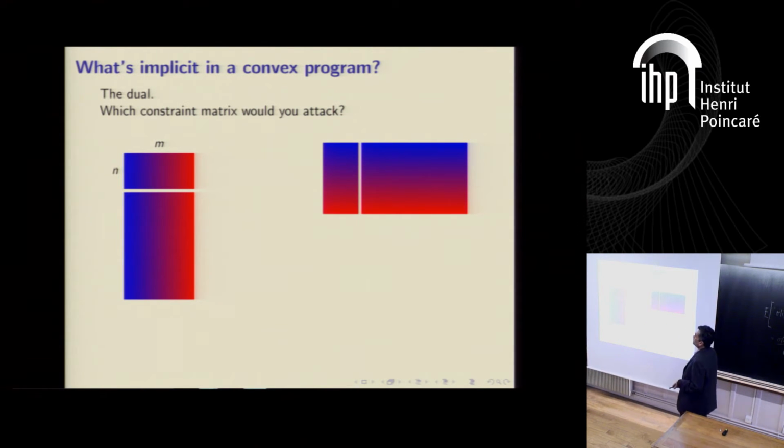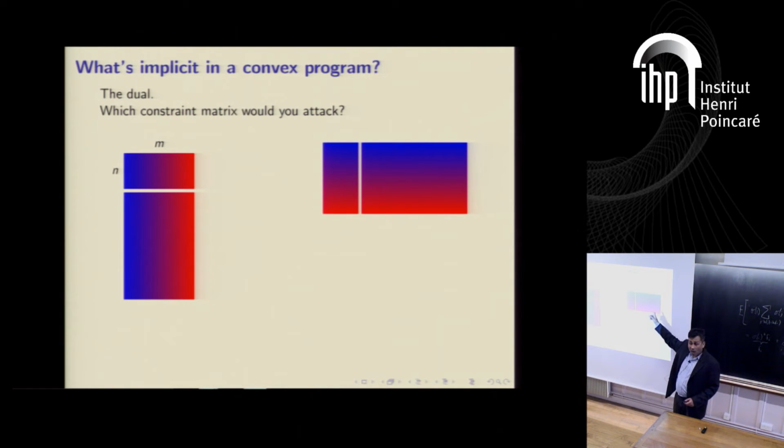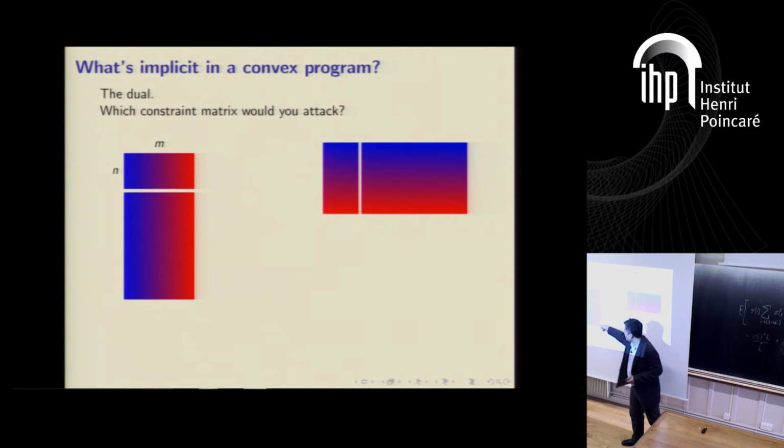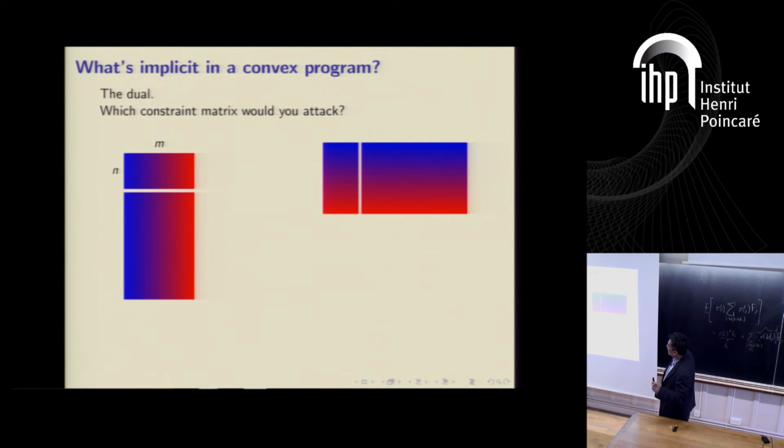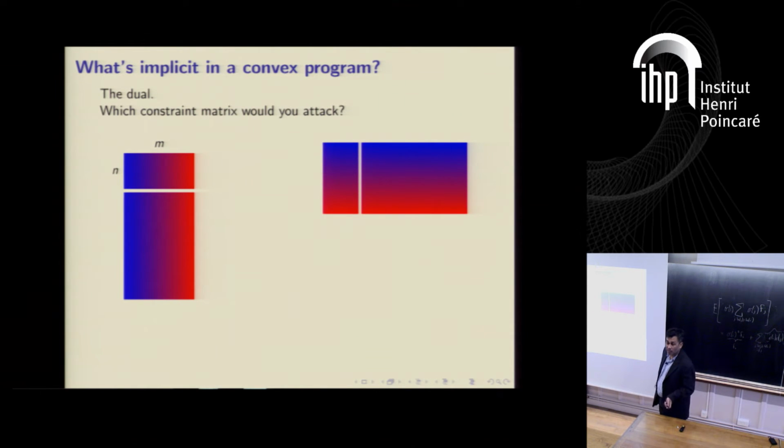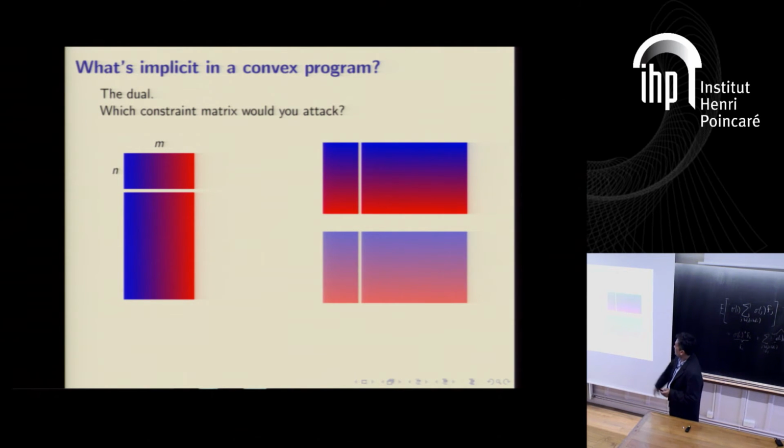The position I'm taking is, would you rather be solving matrices which look like this or which look like that? Why would you care about this? This is a lot more variables, so there are a lot more degrees of freedom. Satisfying constraints here is significantly easier than having so many constraints to be satisfied. So the solution will be to apply multiplicative weight update to the dual. The only caveat is multiplicative weight update needs an easy shadow polytope.